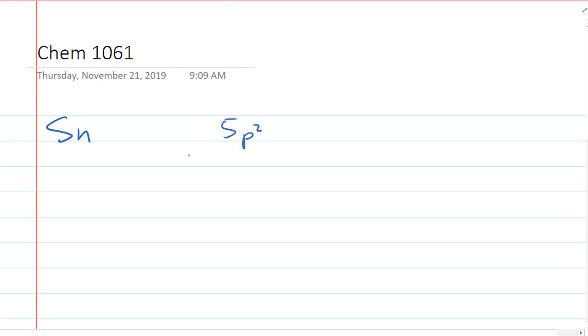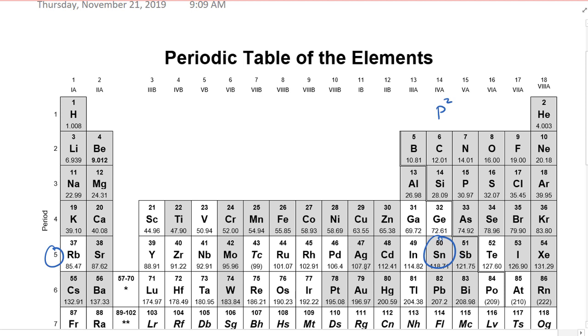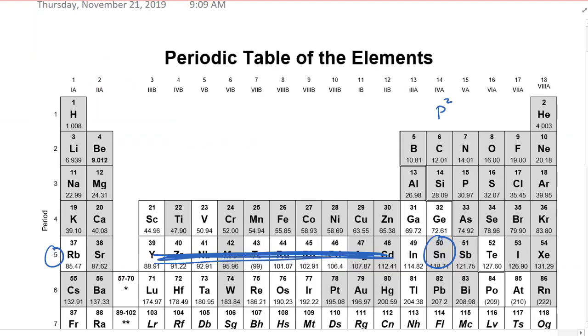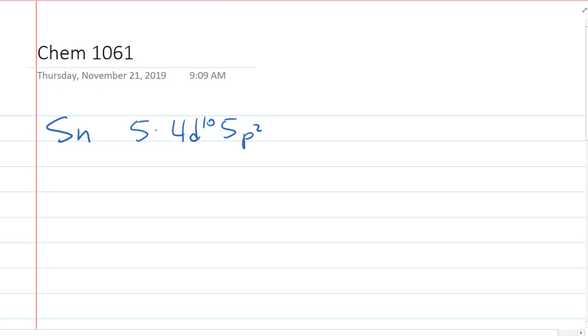And then if we work backwards from here, tin is also going to have all of these electrons, which would take us up through 4d10. And then it would include all of these electrons here, which would be part of the 5s subshell. So it's 5s2.